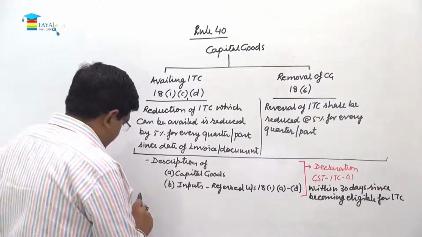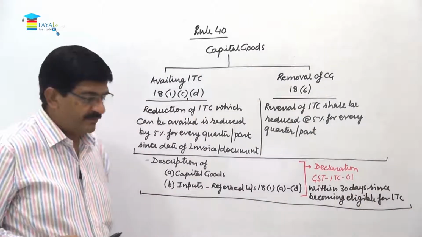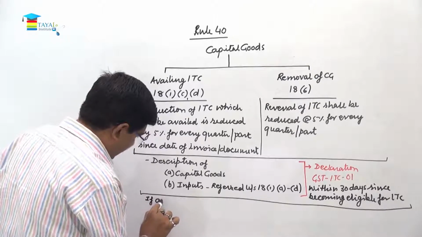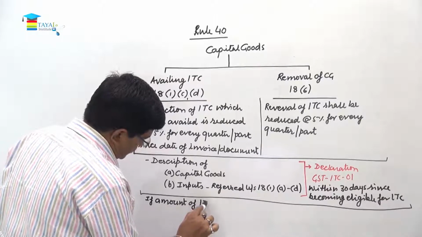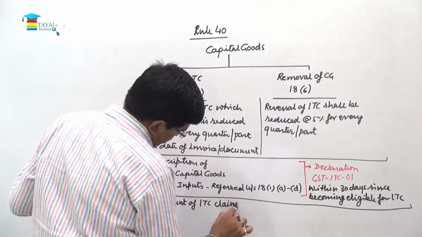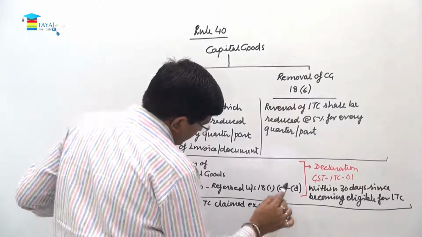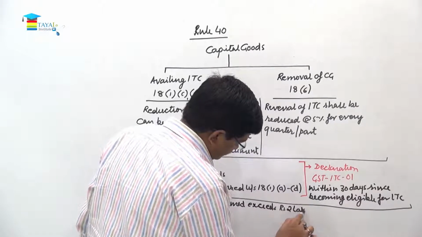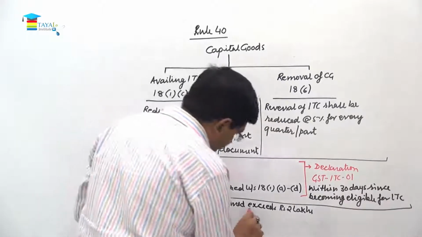And now the last thing: if the amount of ITC claimed exceeds rupees 2 lakhs, so you have to underline a specific word, exceeds 2 lakhs.